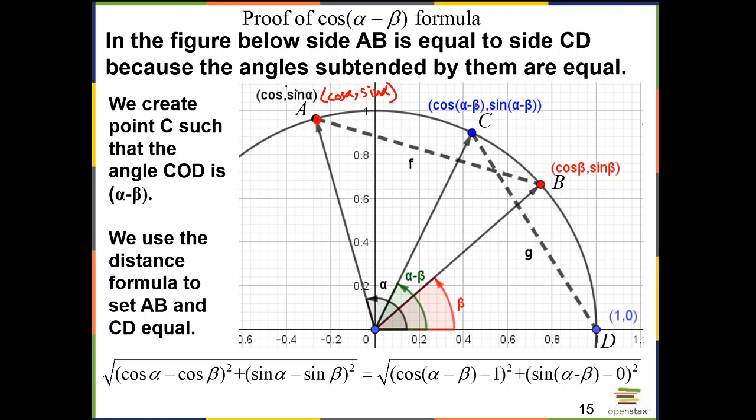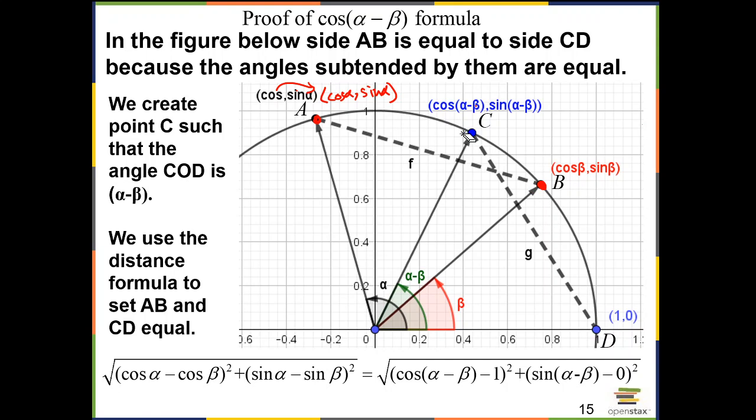That's what that is. So now we're going to create another point by making an angle beta right here. And we know, according to the definition we have for the unit circle, that the coordinates are cosine beta, sine beta, right?